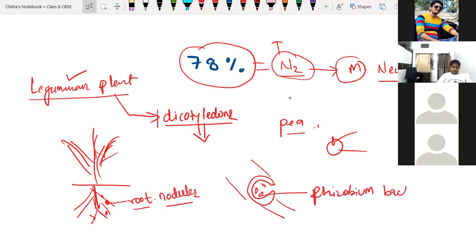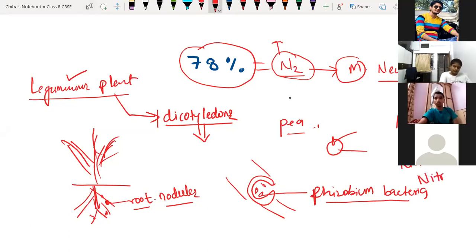And rhizobium bacteria have the capacity to convert free nitrogen of the surroundings into nitrite and nitrate form.